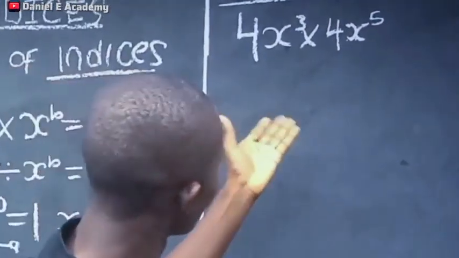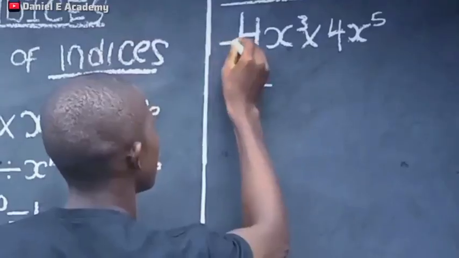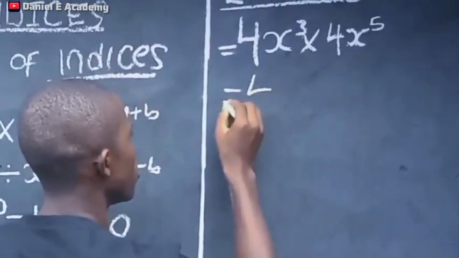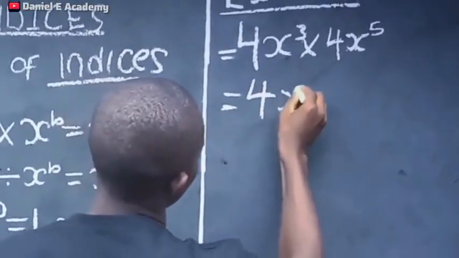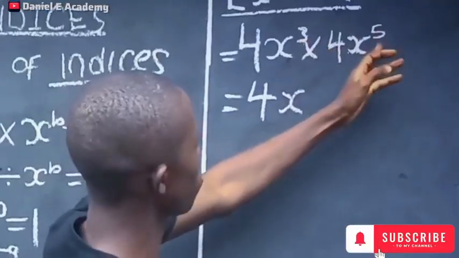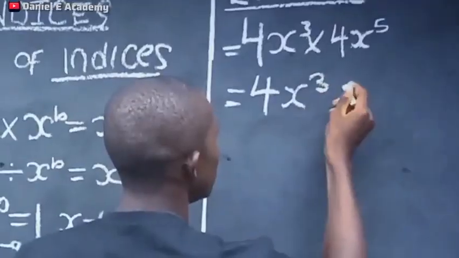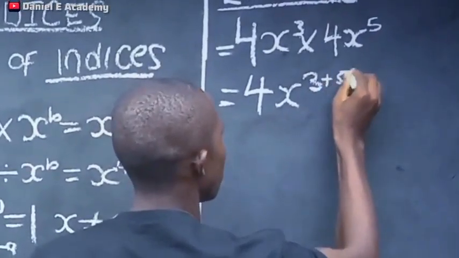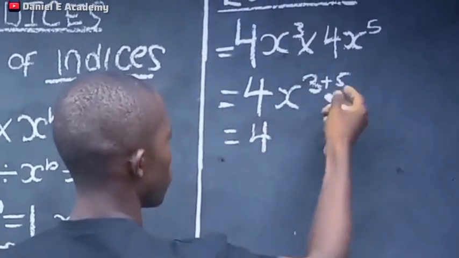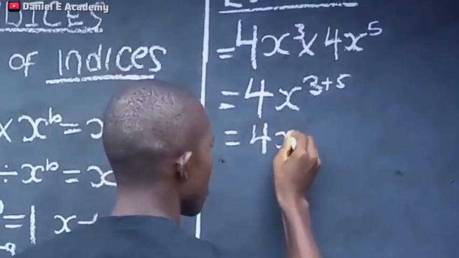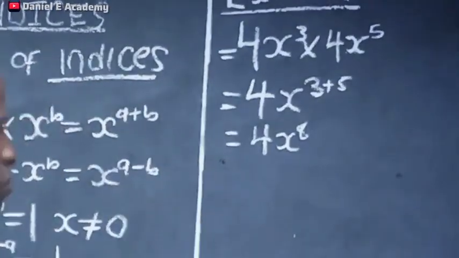Simply, this will be equal to 4x, and multiplying, which is x that have the power 3 plus 5. So this will be 4x power 8, because 3 plus 5 gives us 8.